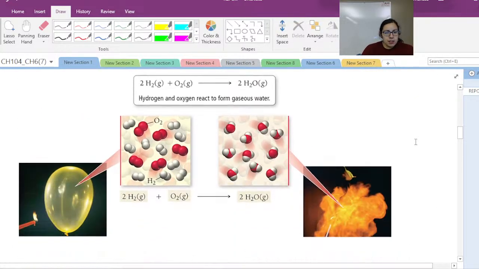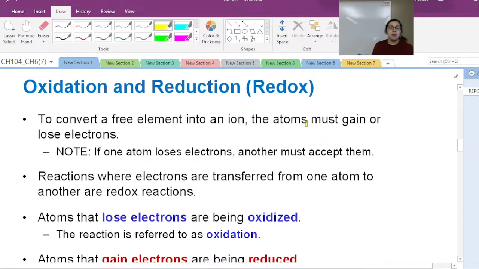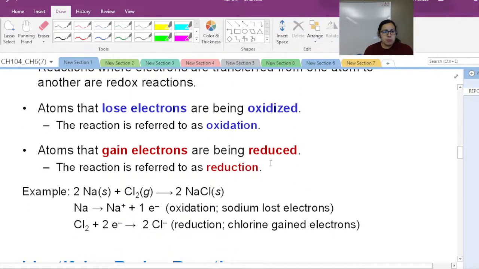So we saw this reaction. Just recapping what happened: if one is losing electrons, the other must accept them. And then we can bring in some extra terms too. Atoms that lose electrons are being oxidized. So if we think back to iron plus O2 gives us iron oxide, now I'm just not balancing it, we can say the iron was oxidized because it lost electrons.